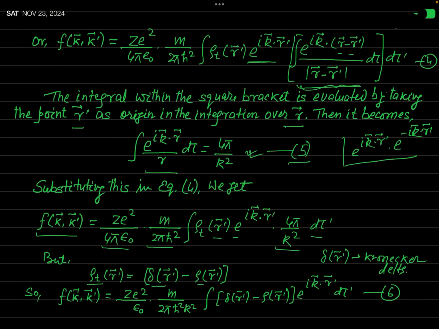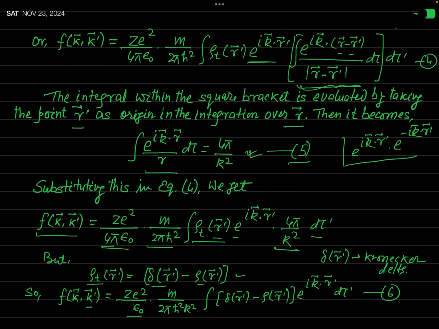Now we can replace this rho t of r dash by this expression. And so the expression for the scattering amplitude f of k comma k dash becomes Ze square over epsilon naught. When you bring the 4 pi over kappa square factor outside of this integral, the 4 pi present here in the denominator will cancel out.